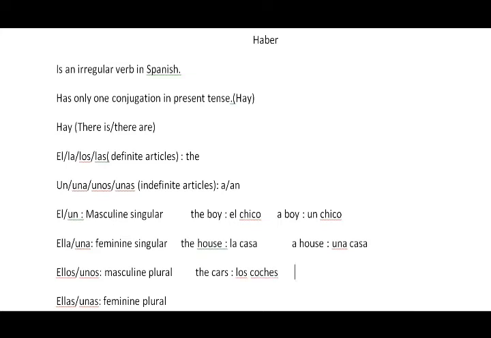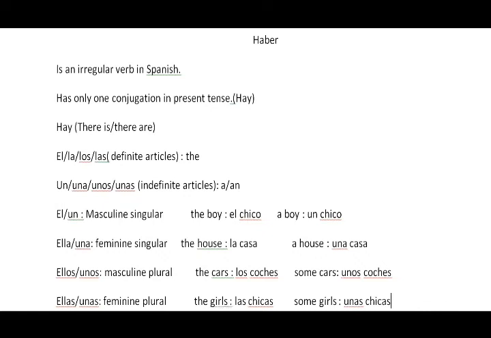And if you want to say some cars, it will be unos coches. Similarly, if you want to say the girls, it will be las chicas. If you want to say some girls, it will be unas chicas.